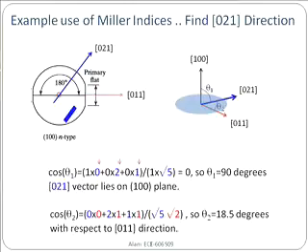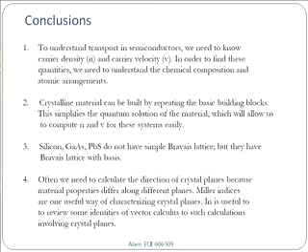Now, let me conclude this lecture 2 by saying that we have tried to understand the periodicity of the lattice in order to really calculate the total number of atoms per unit volume.